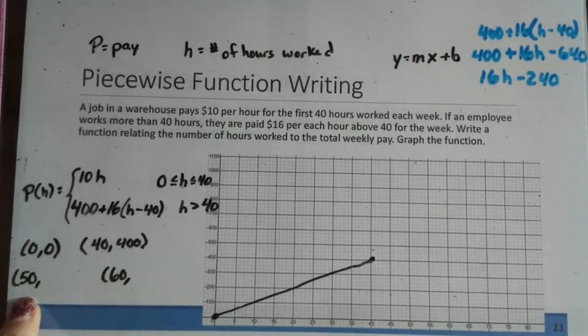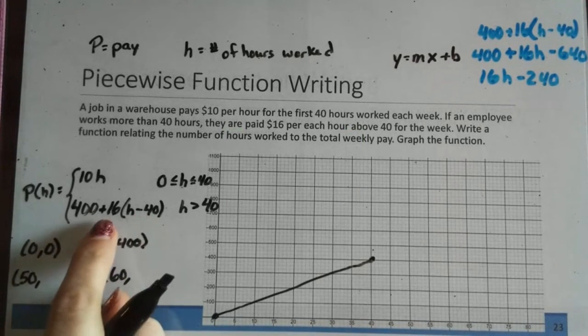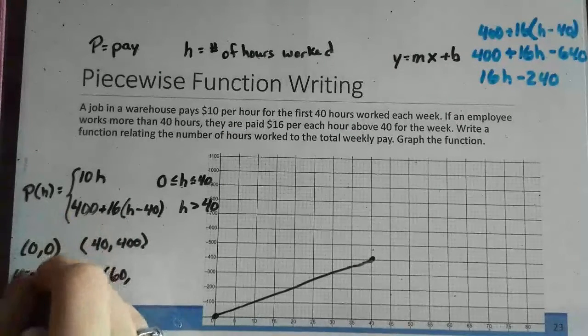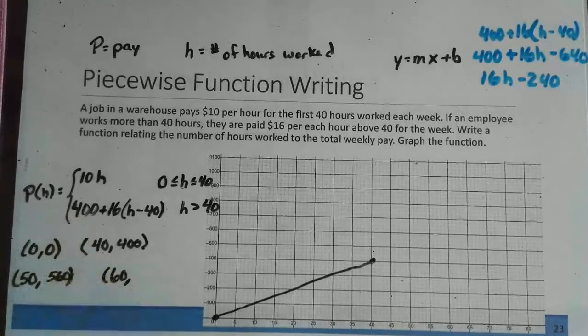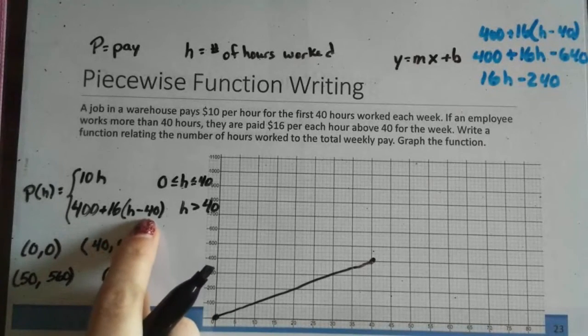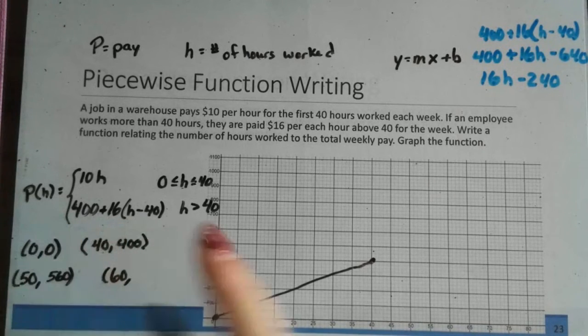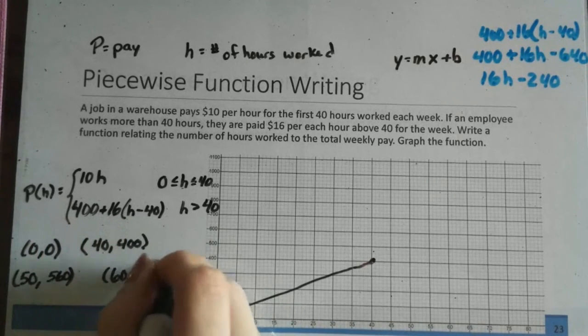If I plug in 50, then 50 minus 40 is 10. 10 times 16 is 160. 160 plus 400 is 560. And then if I plug in 60, 60 minus 40 is 20. 20 times 16 is 320. 320 plus 400 is 720.